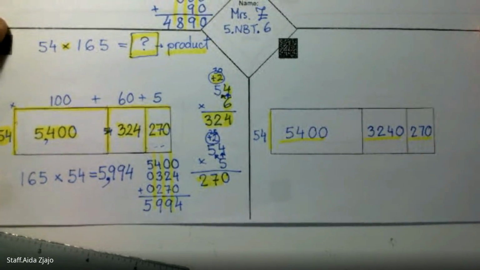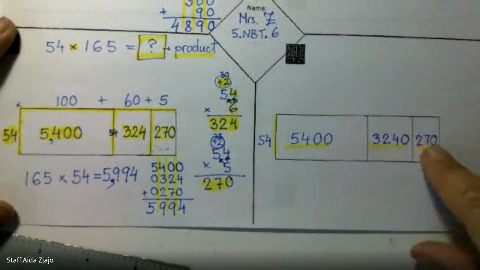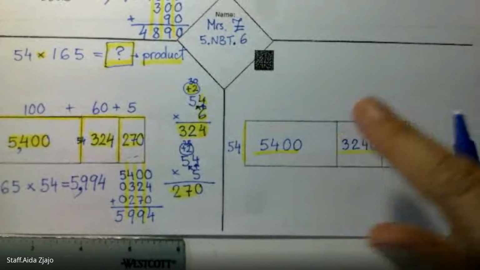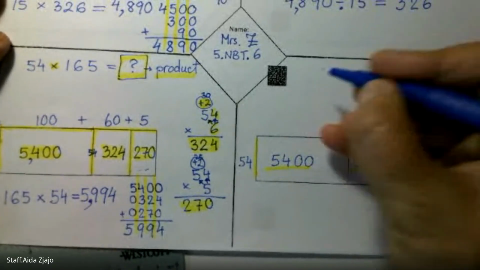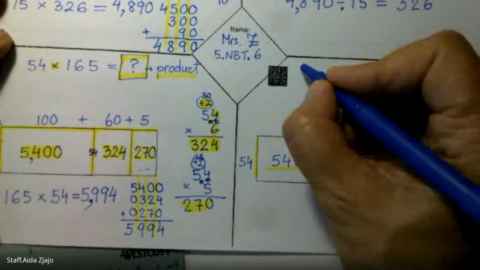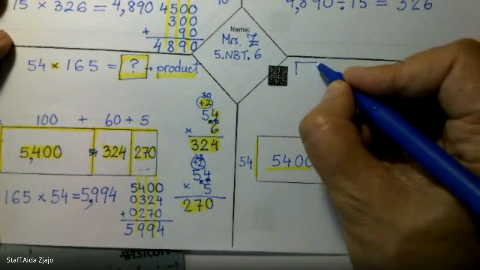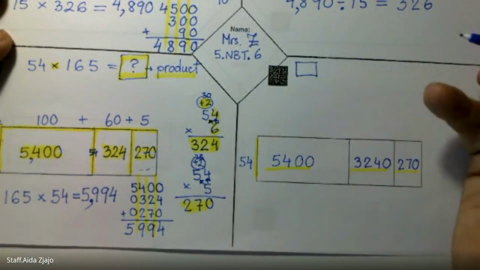Okay. So now, when you look at this model, they could have boxes at the top with random numbers.